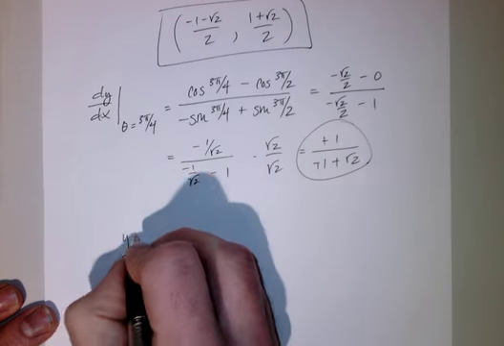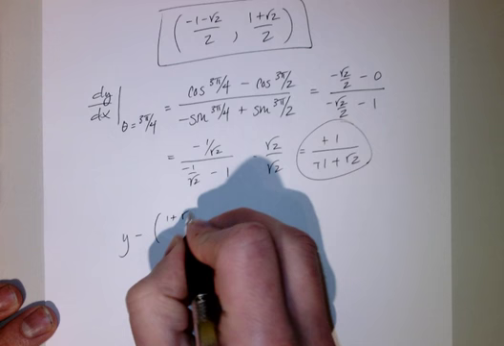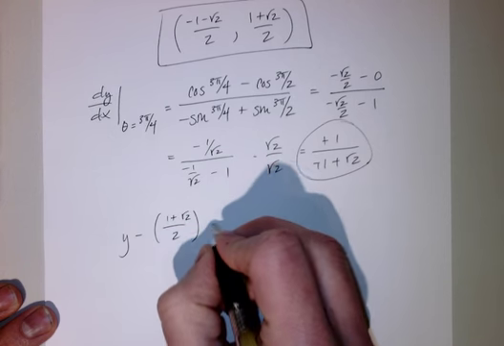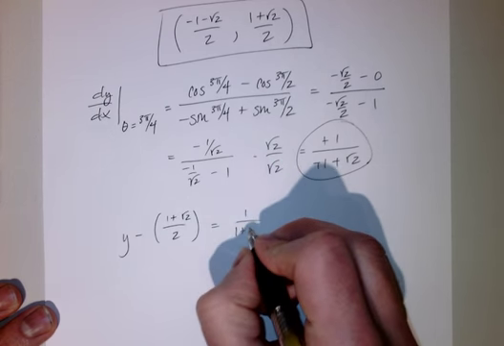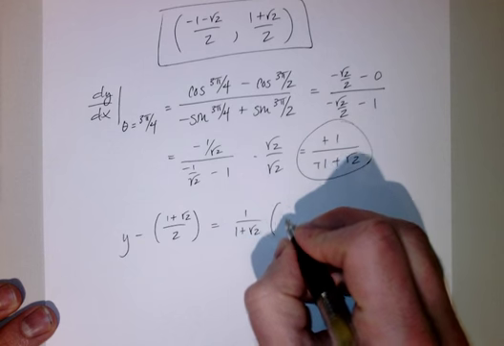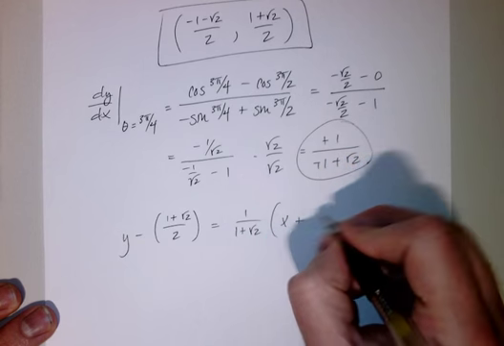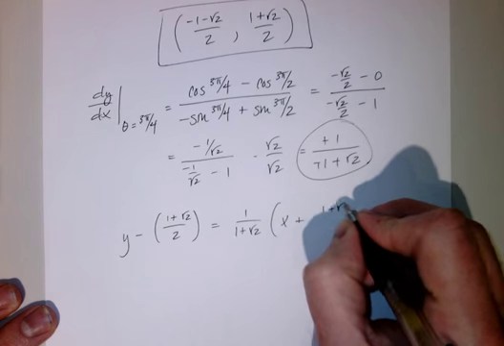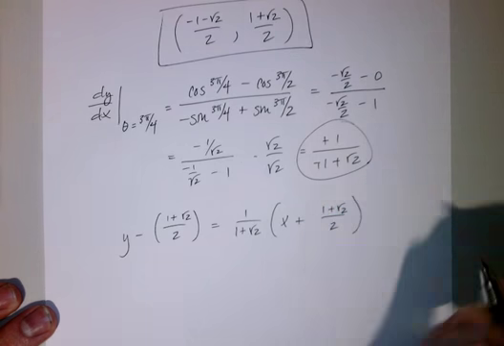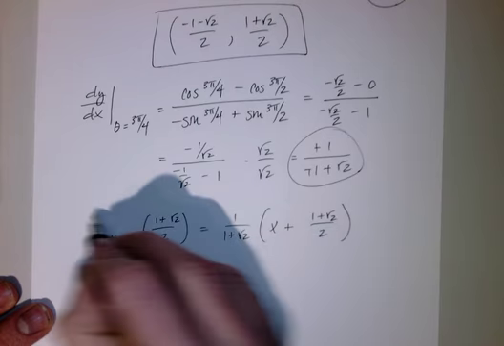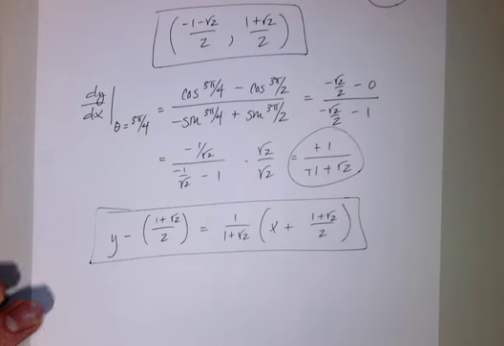So y minus 1 plus root 2 over 2 is equal to 1 over 1 plus root 2 times x, and you can actually go ahead and put plus if I sort of extract the negative out of the numerator of that x. And as messy as that looks, and as burdensome as the arithmetic was, it really actually wasn't conceptually difficult. It was just tedious, right?